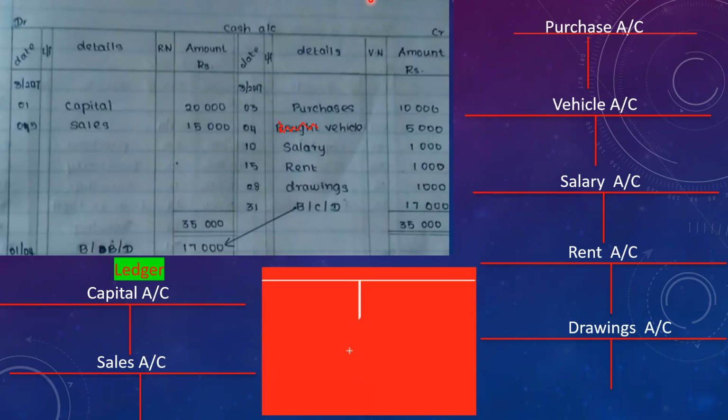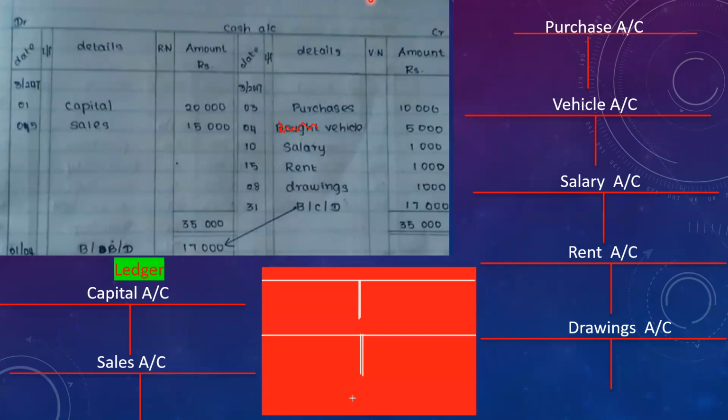If the red color is your writing book, one ledger account should be like this. The second ledger account should be like this. The height should be maximum 4 lines. Don't keep drawing many lines.